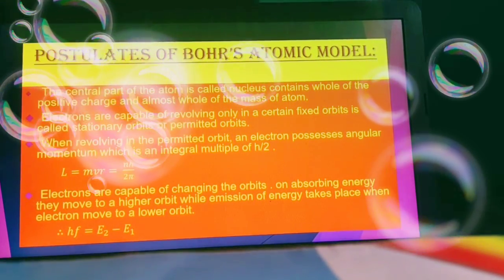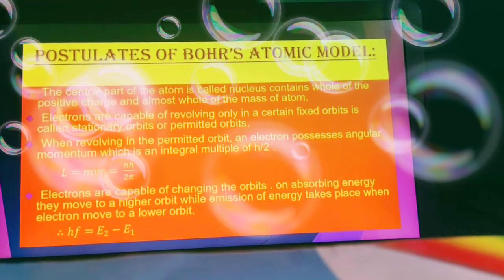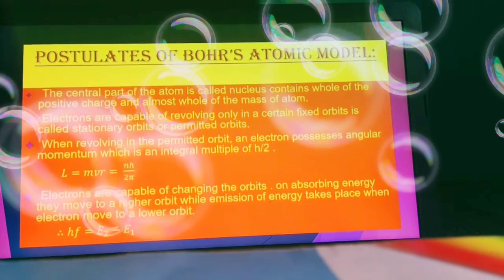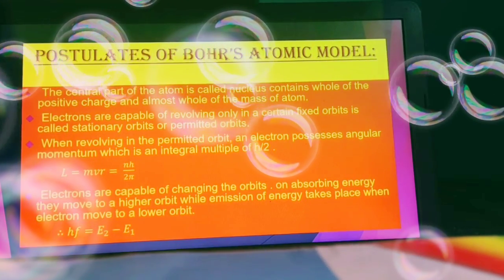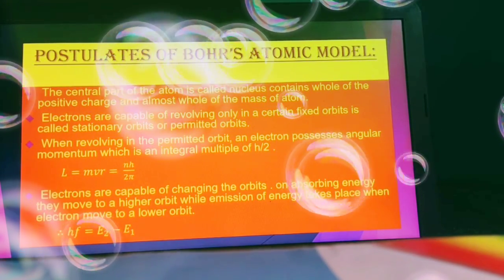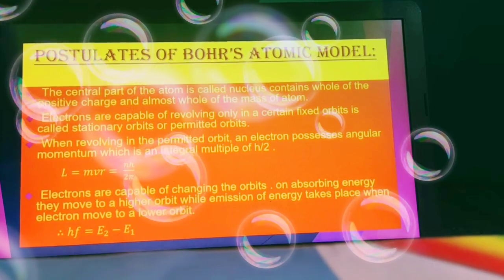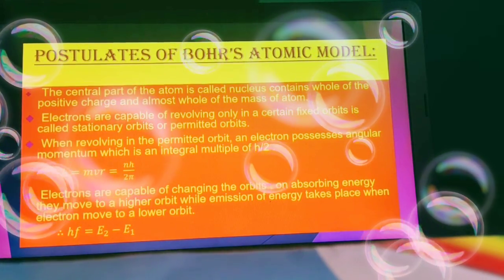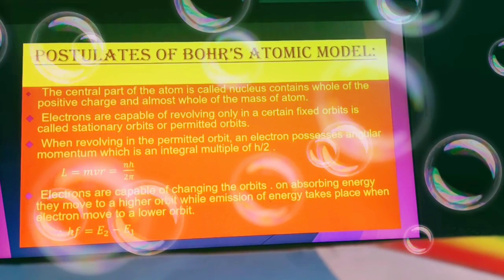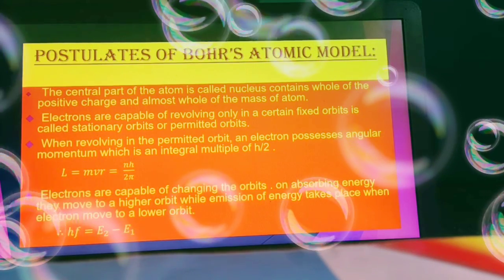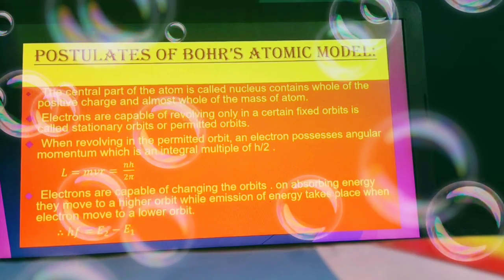This orbit is known as stationary orbit or fixed orbit or permitted orbit. When electrons are revolving in a permitted orbit, they possess angular momentum, which is an integral multiple of h by 2 pi.